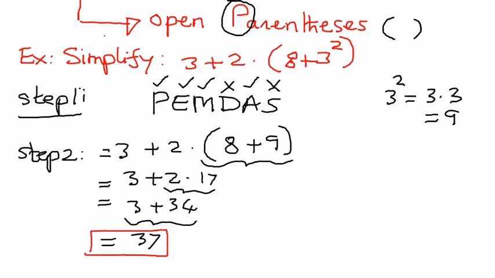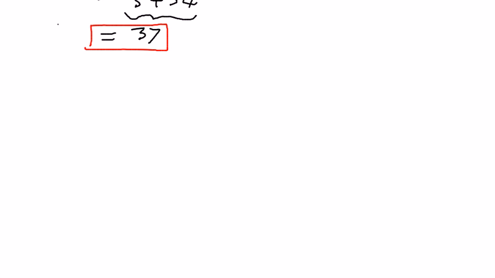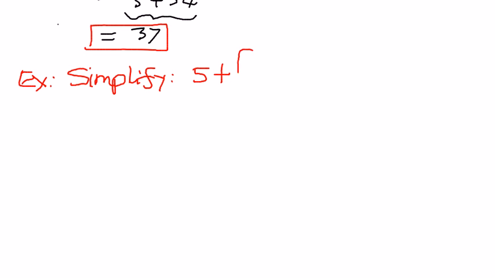So let's take another example and see if we can use this PEMDAS process to solve another simple example. Let's say we want to simplify 5 plus open brackets 4 times open parenthesis 10 minus 3 raised to the power of 2, close parenthesis, minus 2, close brackets.